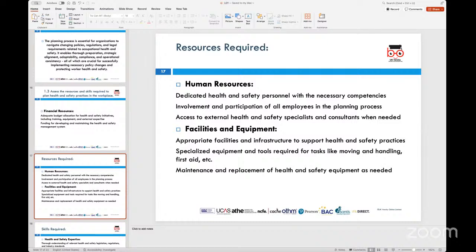Then when we look at physical resources and the equipment, you would need to have, say, for example, a fire safety blanket to be installed in those locations because it has two, three different types of equipment. And in such cases, you would need to look at facilities and equipment requirements for that location.